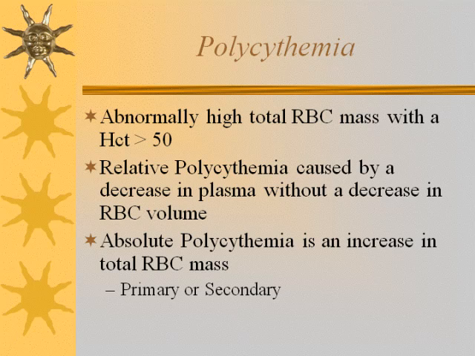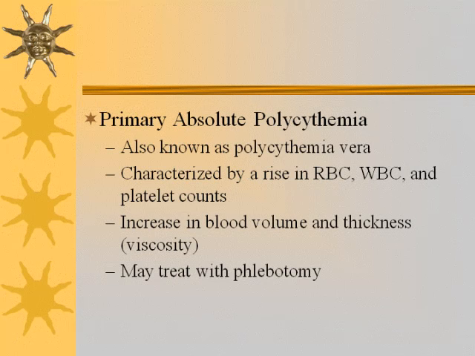Okay. Absolute polycythemia is an actual increase in total red blood cell mass, and that can be either primary or secondary, and I want you to know the difference in this. Primary absolute polycythemia is also known as polycythemia vera. I can put it either way, so you need to know both. Basically with this, you see an increase in all three: red blood cells, white blood cells, and platelets.